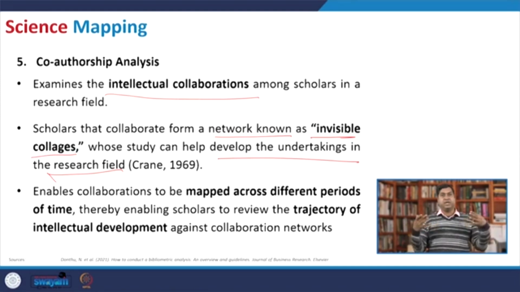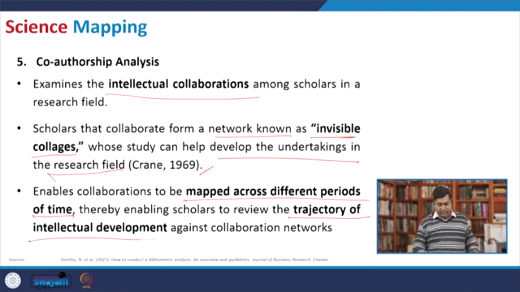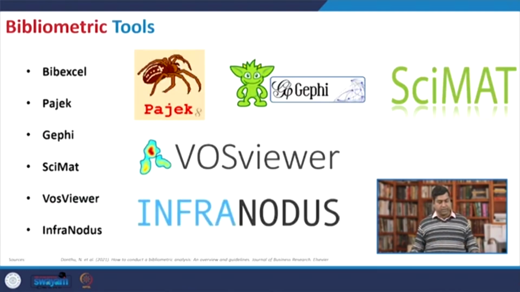So, authors from many countries contribute to share their findings, even that is possible at that particular time. So, this is something where you can see the co-authorship analysis. Then also in this case you can map across different periods of time, and also you can identify the trajectory, that okay, that collaboration, how things are happening.